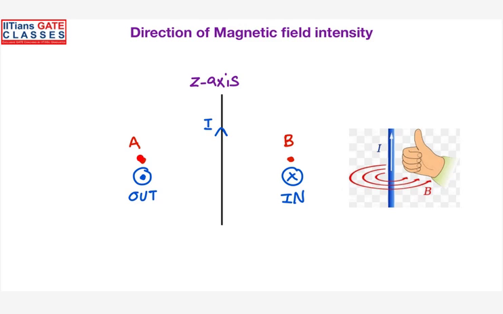When you consider point A, what will happen? You start with your right hand as shown here and place it in the same direction as the current. At this particular point, all the other fingers point outside the plane. That is the reason I have represented it as outside the plane.